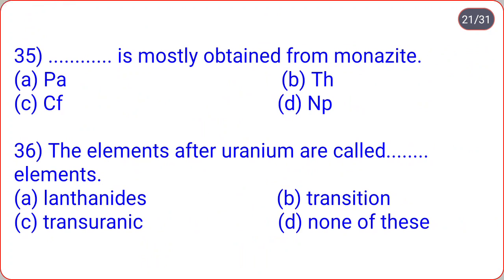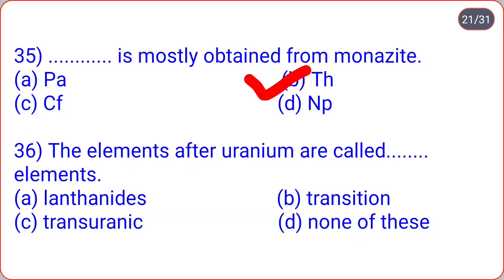Dash is mostly obtained from monazite: protactinium, thorium, californium, neptunium. So the correct option is thorium. Thorium is mostly obtained from monazite in India.